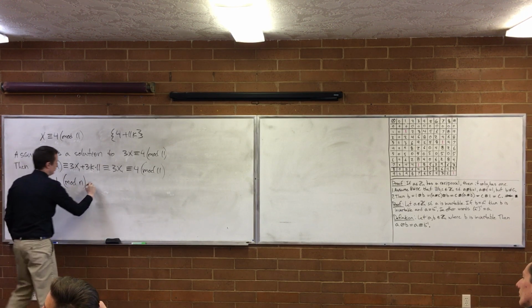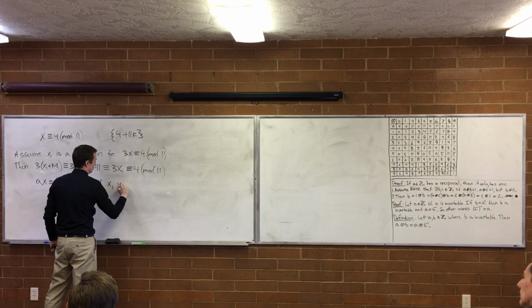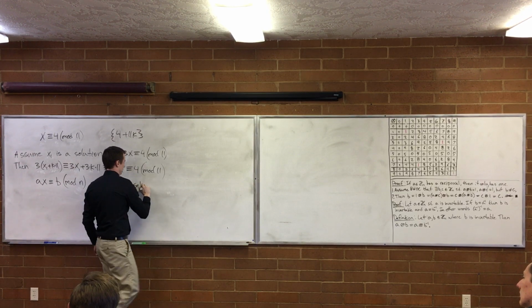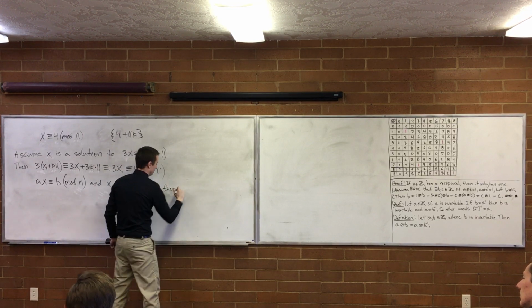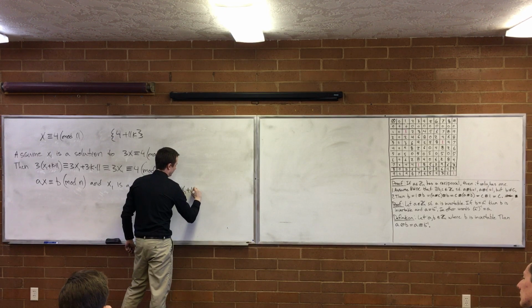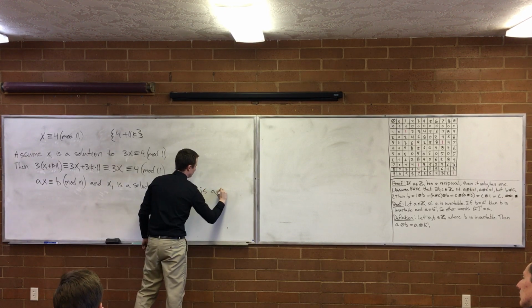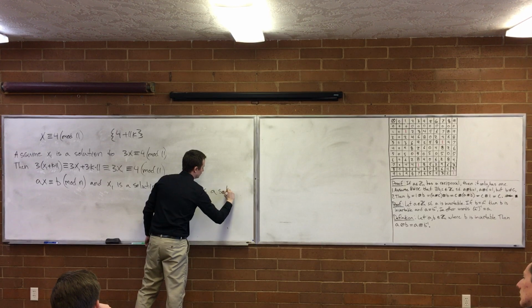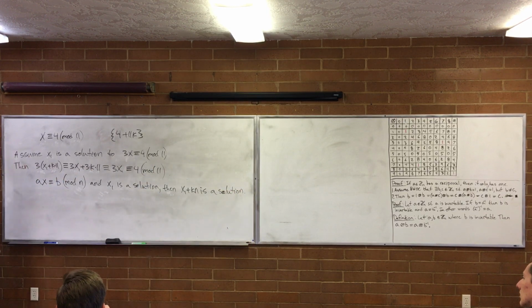So if we're looking at this equation and x1 is a solution, then x1 plus any multiple of n is a solution. And we would do exactly what we just did.